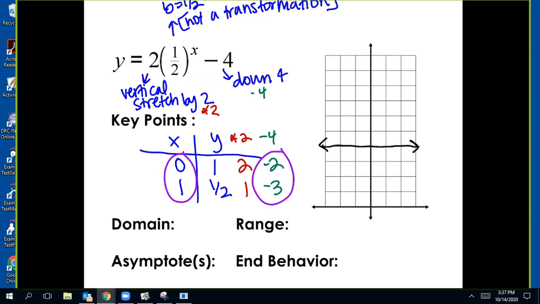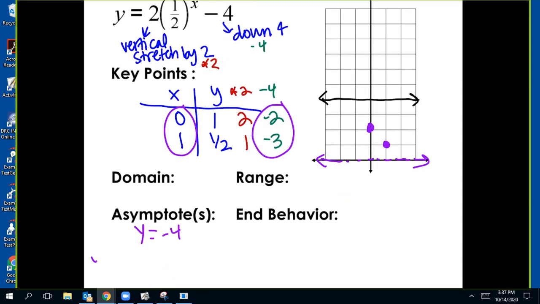Like that. And then I'll plot the graph. 0, -2, 1, -3. And then we have an asymptote at y equals -4 because it shifted down 4. So that was y equals 0 moved down 4. That's how I knew what to put there.